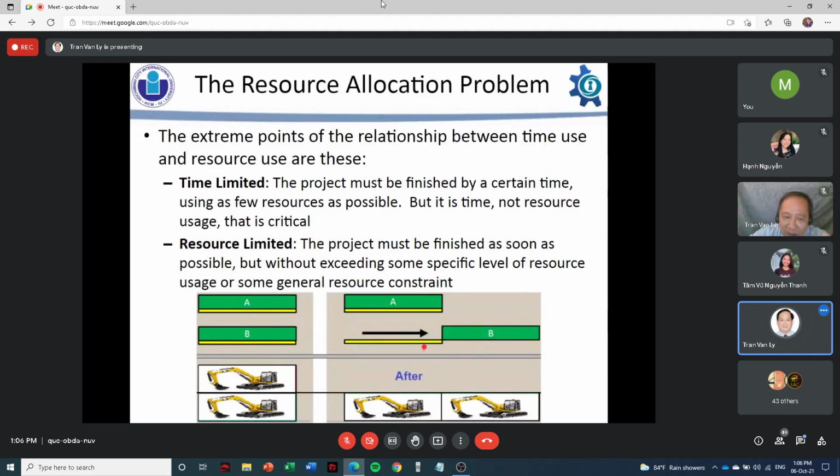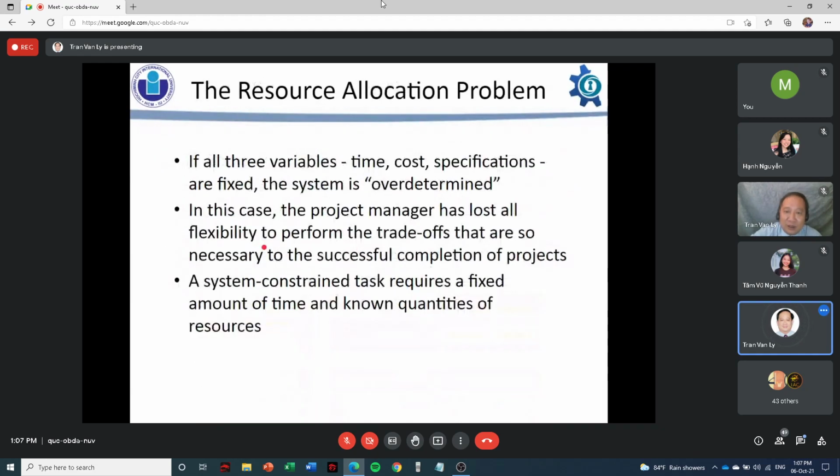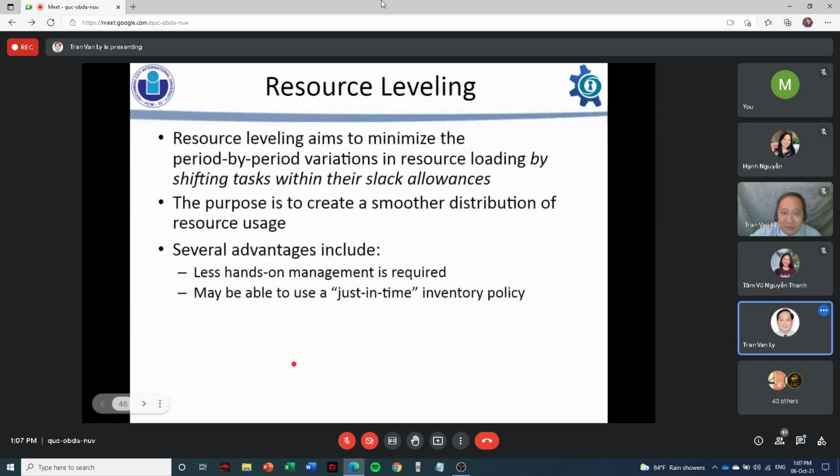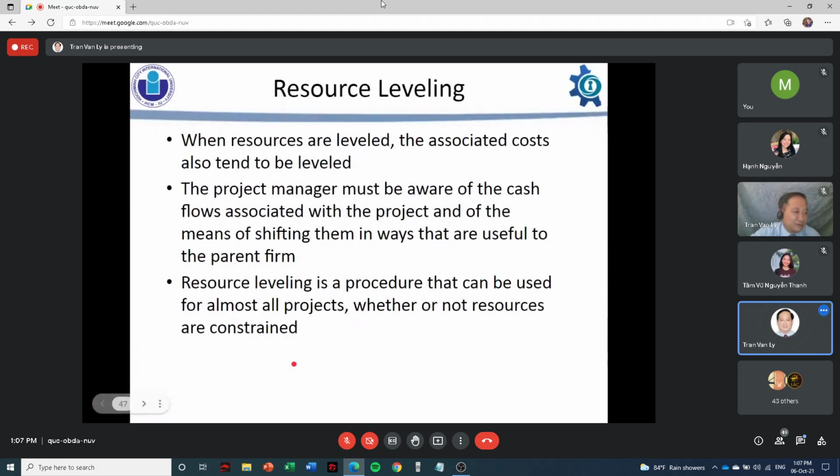So this is very meaningful when you lose capacity, and because of that, we have to review. That's why we consider resource loading and smooth leveling.